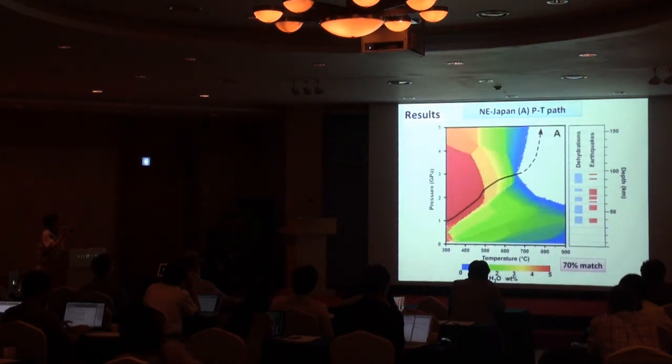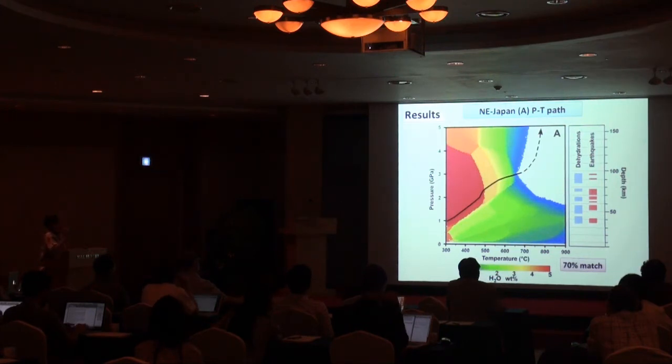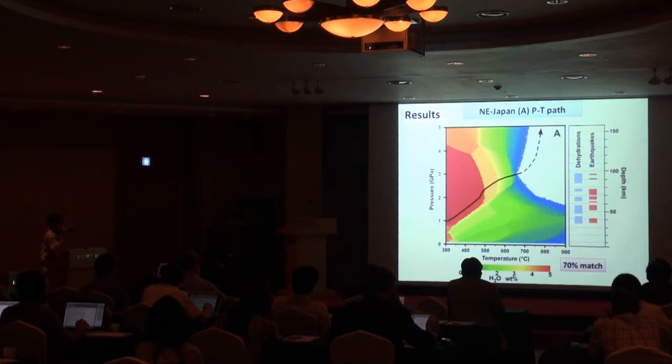Okay, this is the result for Northeast Japan, and this curve shows the best fit PT path for linking the dehydration and earthquakes, with a 70% match for dehydration and earthquakes in depth.